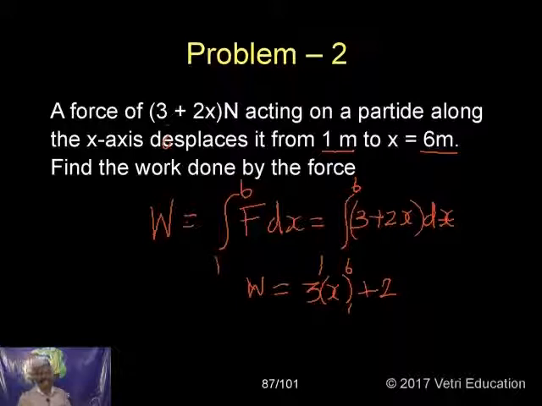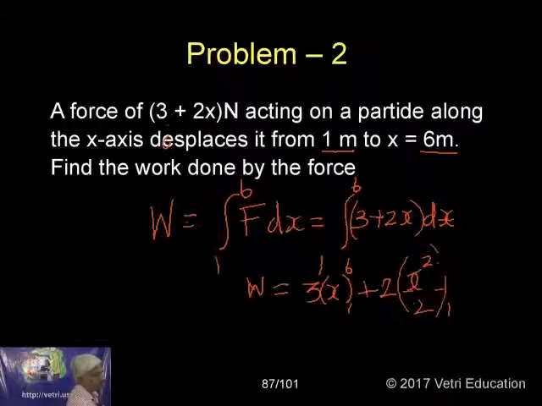Integral of x dx, x power. I already gave you a formula on the last page. Integral of x power n dx is equal to x power n plus 1 by n plus 1. Just like that, here also x power 1 plus 1, that is 2, divided by 1 plus 1, that is 2.